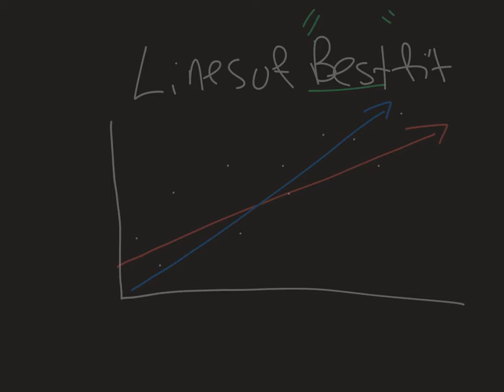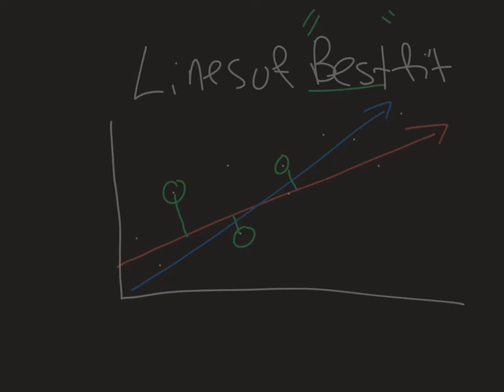The idea is, if I fit a line, let's take a look at the red line first. I would look at a data point and calculate the distance to the line. I would do the same thing with every other data point, and I would add up those distances.